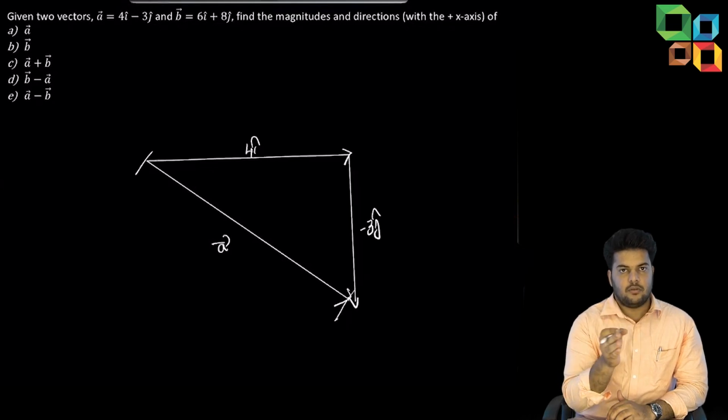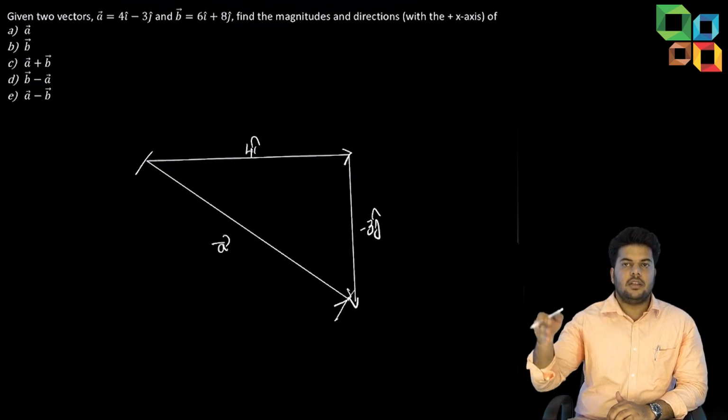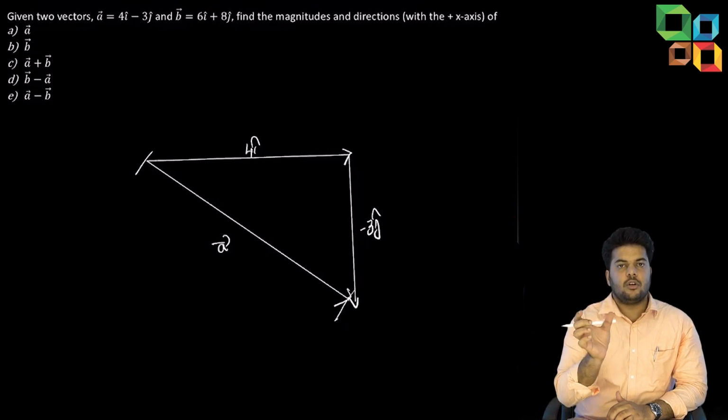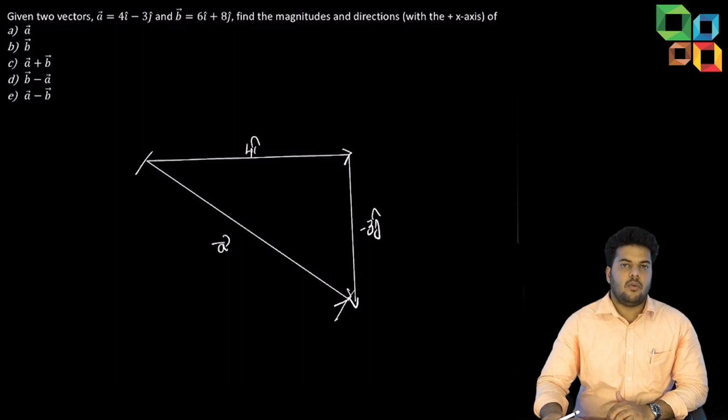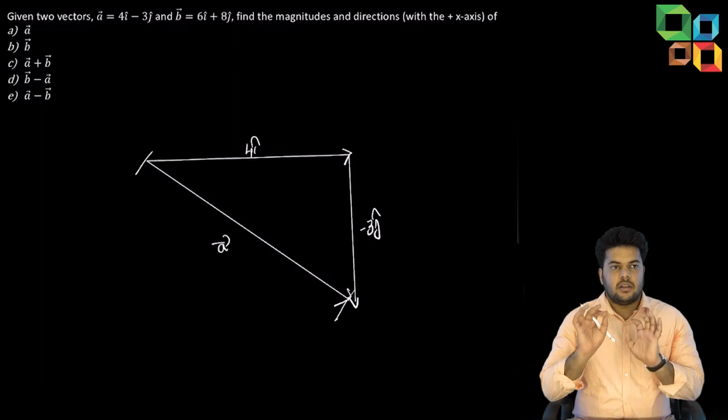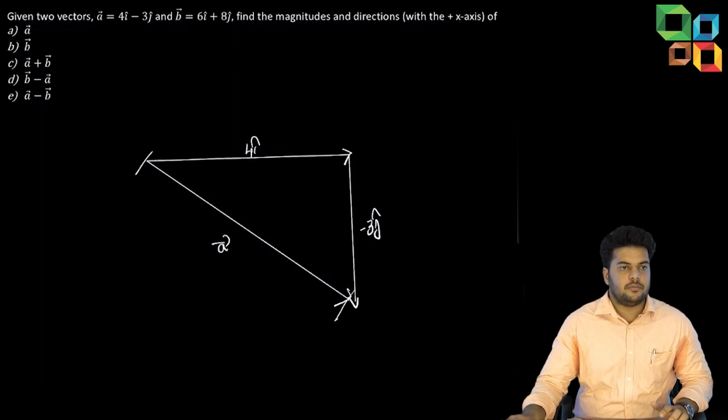These could be forces, 4 Newton along the right, 3 Newton downward. It could be speed, 4 meter per second along the x direction, or 3 meter per second along the y direction. But it doesn't matter. The method is the same.